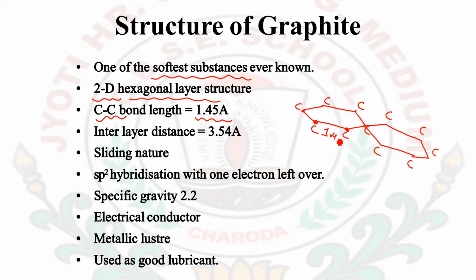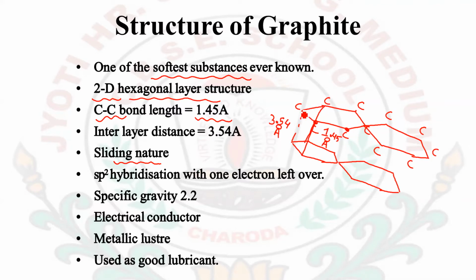The interlayer distance, meaning the distance between two layers, one layer upside and one layer below, is 3.54 Angstrom. Due to that much distance between them, the layers can slide over each other, therefore they have a sliding nature.